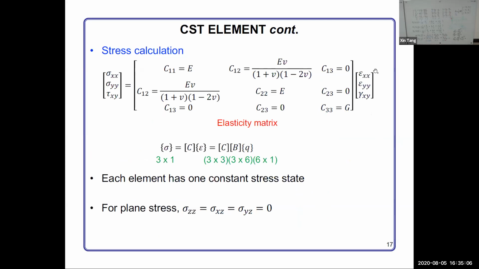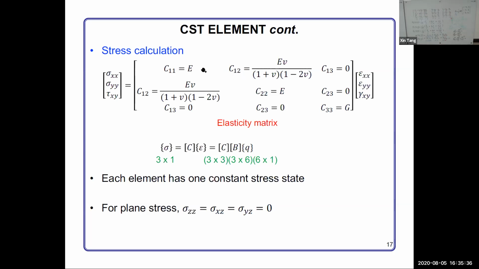With the strain matrix, we can combine it with the material elasticity matrix, the C matrix, to calculate the corresponding stress. I hope you still remember this from your elasticity class, and I'll give some review on this as well.